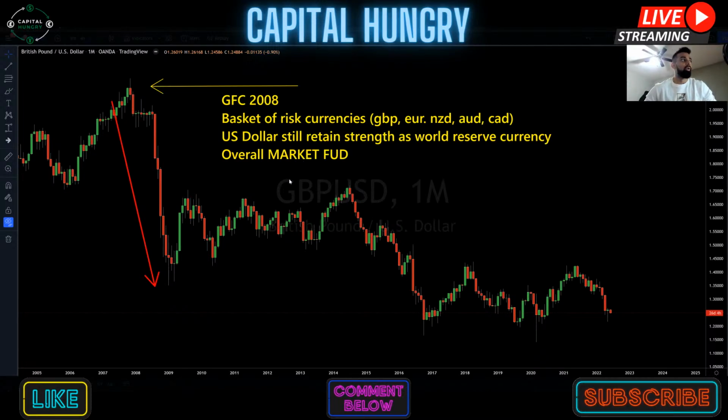Well, when we're trading the currency cross and pair, GBPUSD, we have to understand that within this pair, one of these currencies is a risk currency. The other one of these currencies is considered more of a safe haven currency and is known as the world reserve currency.